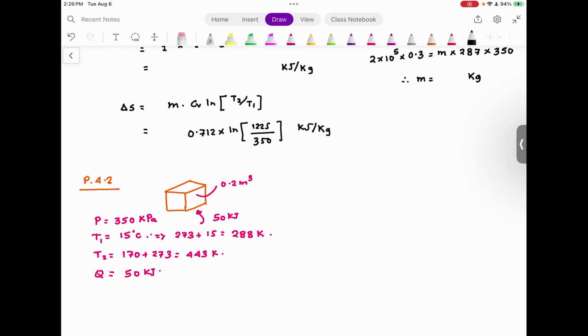So one, find the final state of gas. Two, change in the internal energy. Three, change in entropy.